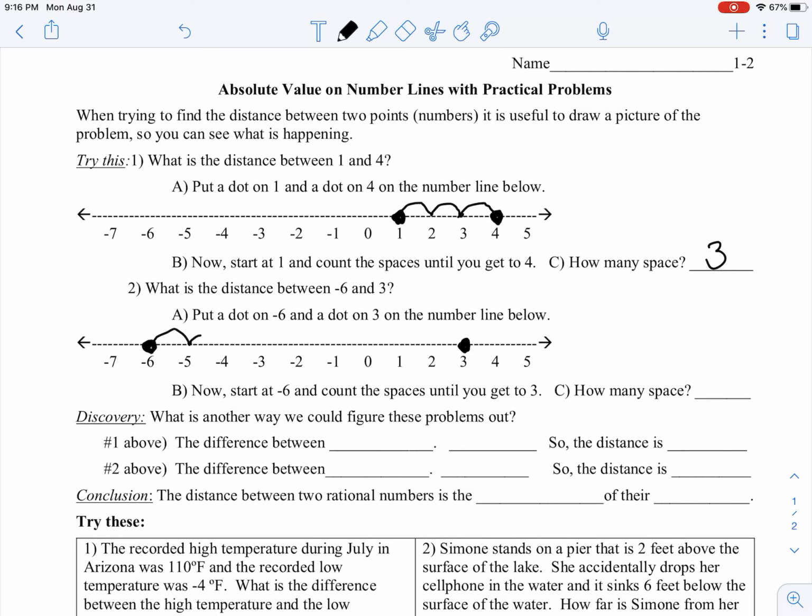We're going 1, 2, 3, 4, 5, 6, 7, 8, and 9. So how many spaces was that? We said that is 9. It's not necessary to draw these little hoops on our way from -6 to 3, but I find that sometimes it just helps me count better so that I know that I haven't hit a spot twice.